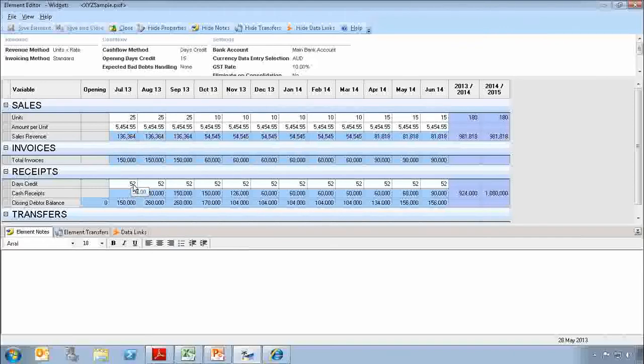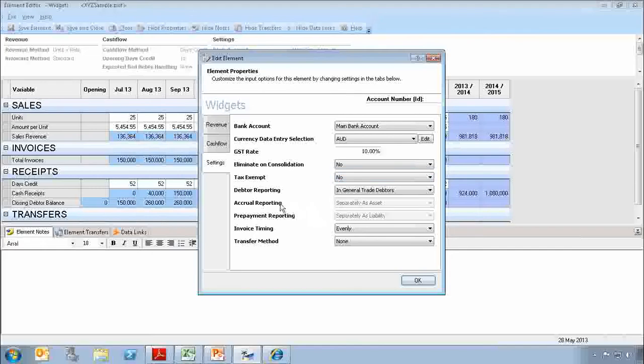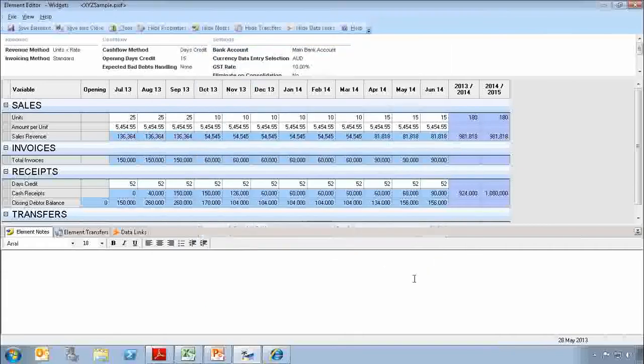But we did some numbers, and they're only getting their money in about every 52 days. And as part of the improvement process, we can even look at how often they invoice. So is it at the start, is it at the end, is it on the 15th, or is it just as they go, evenly? And if we adjust some of those, that will change the prediction on when the monies will actually come in.